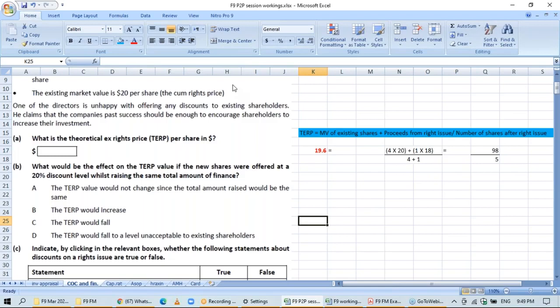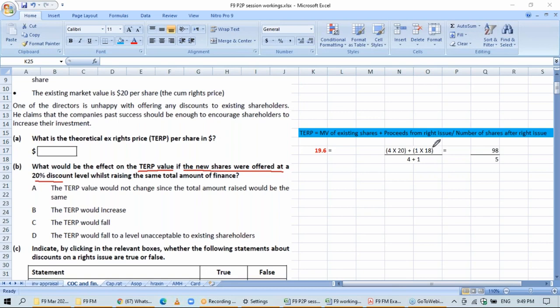Okay, students. So moving on to part B. According to part B, the question says, what would be the effect on the theoretical X-right price value if the new shares were offered at a 20% discount level?